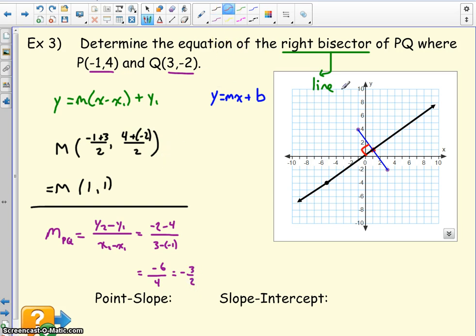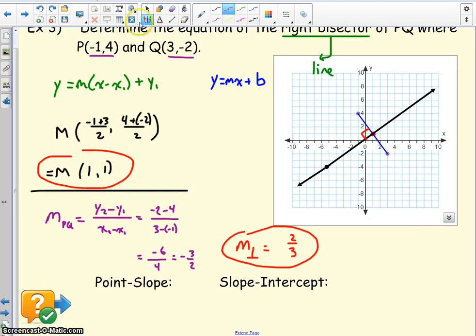Now, the slope of our actual right bisector is going to be the negative reciprocal of that because they're perpendicular. So for my right bisector, I'll make a little notation here, m perpendicular, is going to be positive 2 over 3. So you take the reciprocal and then change the sign. Now I have my slope, I have my point, I have everything I need to create point slope form.